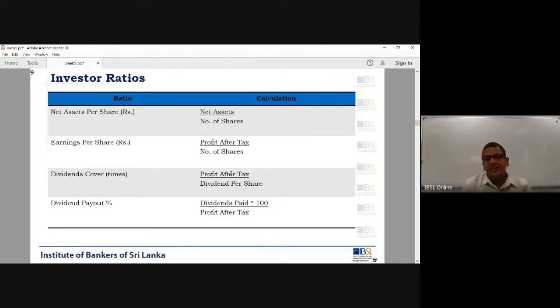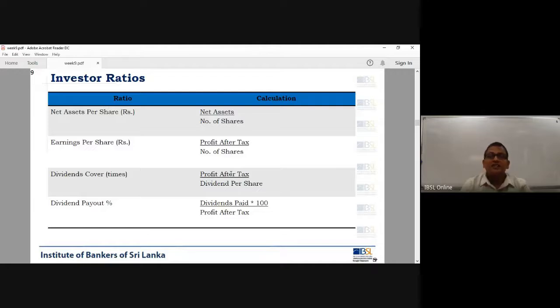And the dividend cover ratio, this is expressed as times, not a ratio: profit after tax divided by the dividend per share. This is the way they calculate the dividend cover ratio. And the dividend payout ratio is dividends paid divided by the profit after tax, multiplied by 100.